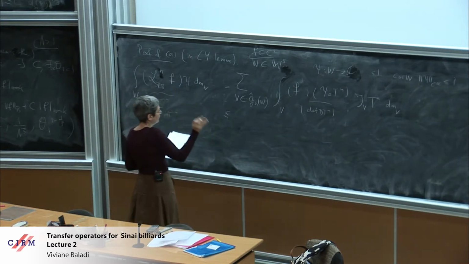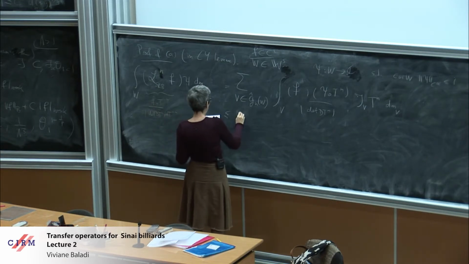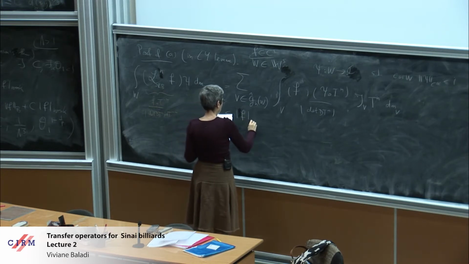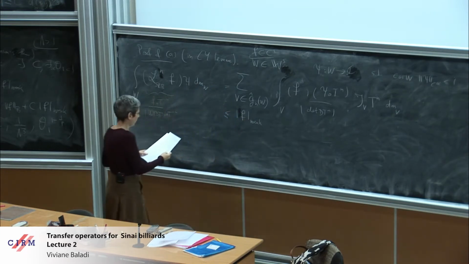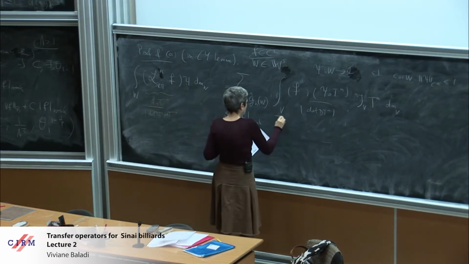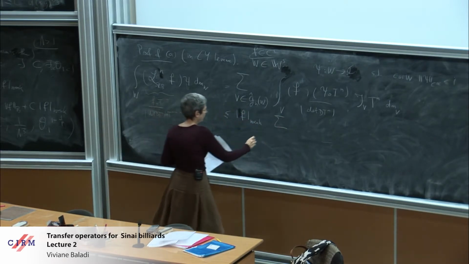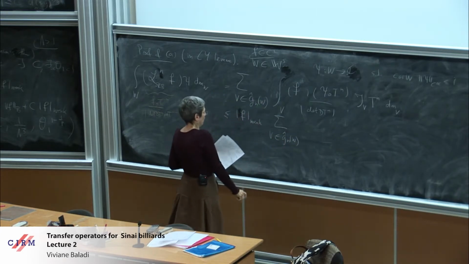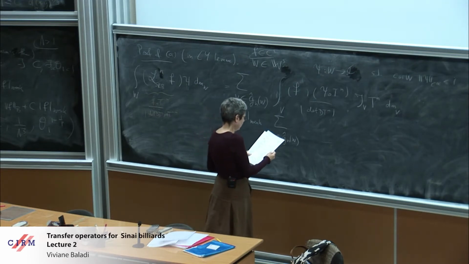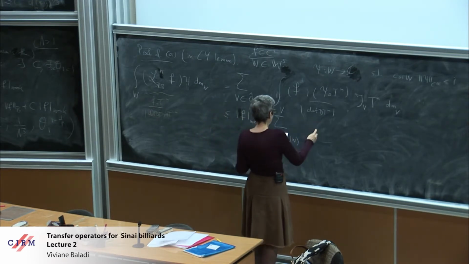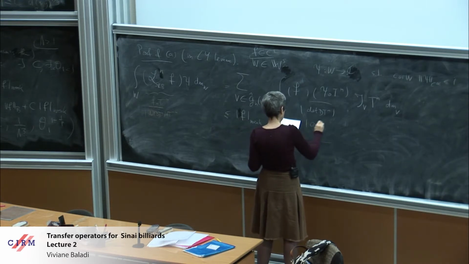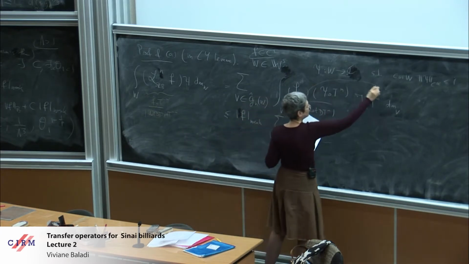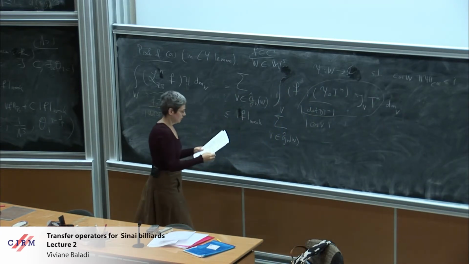And now what I want to have in the right-hand side is a weak norm. So I'm supposed to put only one bar. The weak norm of F. So if I want to have the weak norm, well, I still have this sum here. And for the weak norm, I need to put the cos V, that's a rho, times the C alpha norm of whatever is integrated against F, okay?